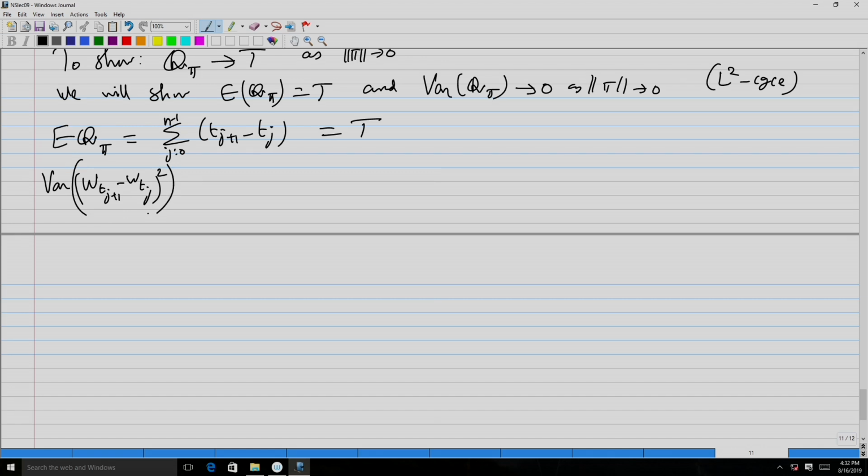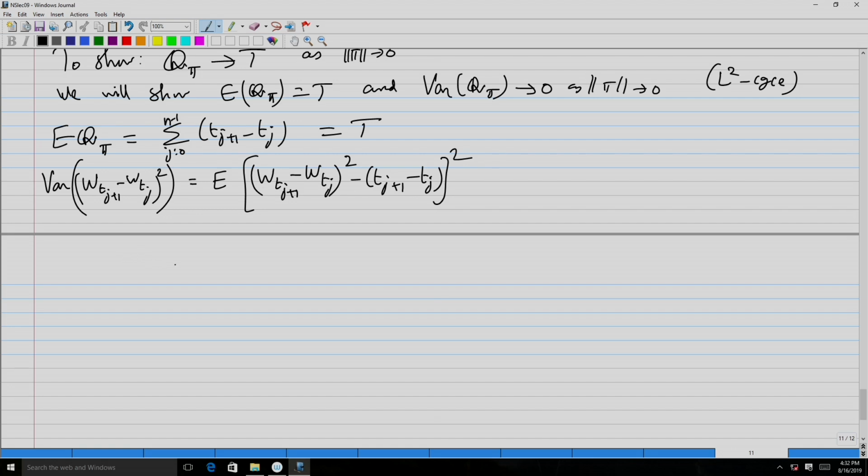This is what we look at. So, this means the expectation of (W_{t_{j+1}} − W_{t_j})² minus its mean, squared.